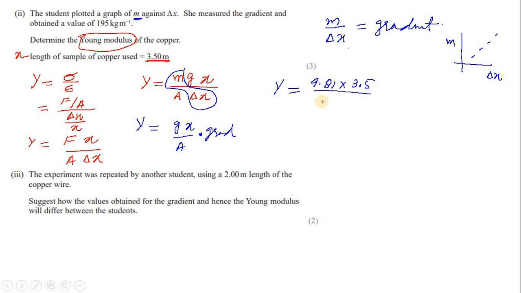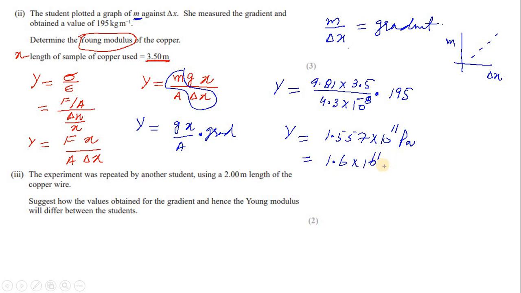We found the area in the previous part, which is 4.3 × 10^-8, into the gradient, and the gradient is given as 195. So Y, or the Young modulus, is 1.557 × 10^11 Pascal, or you round it off and say 1.6 × 10^11 Pascal. This is the Young modulus.